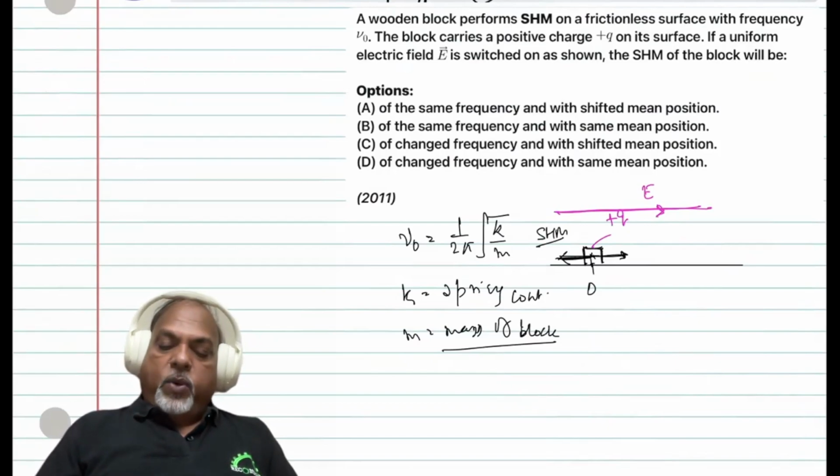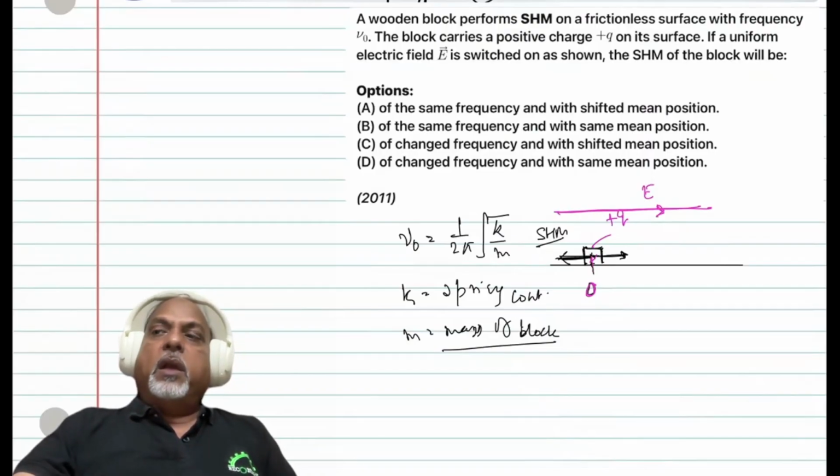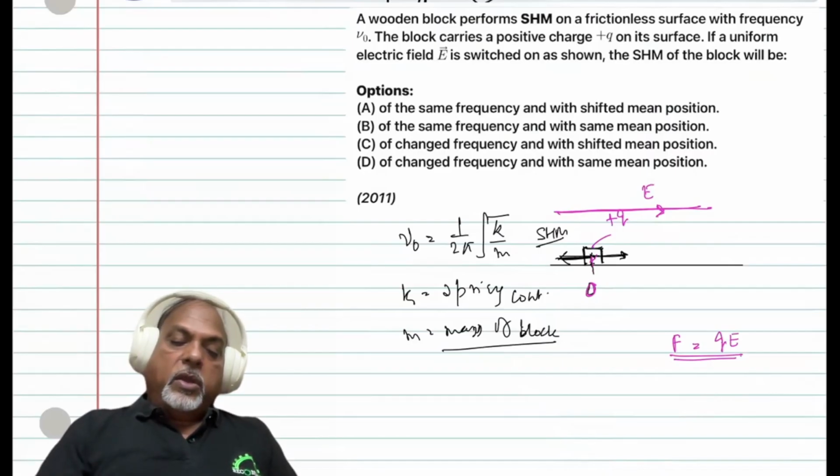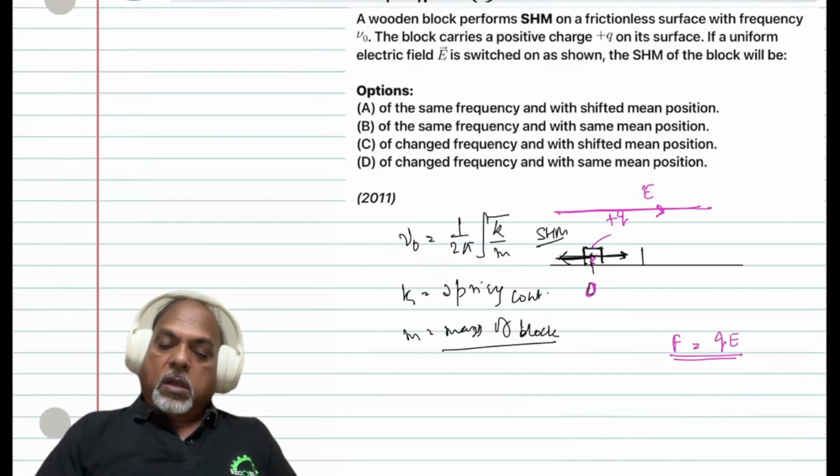So the mean position without the electric field is O. When the electric field is on, what will happen? It will experience an extra force of Q into E. Due to that, this block will shift.